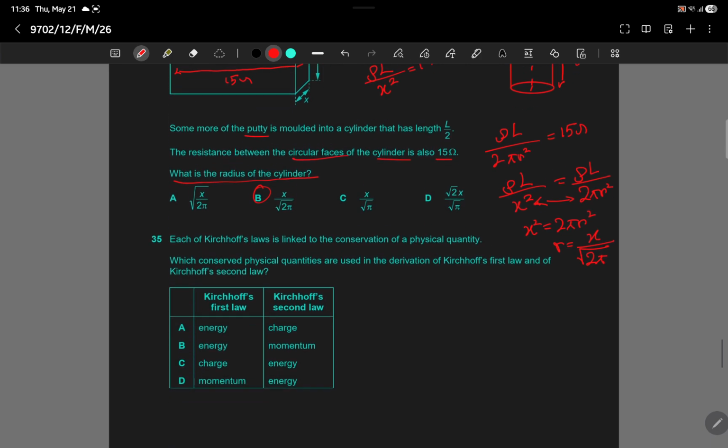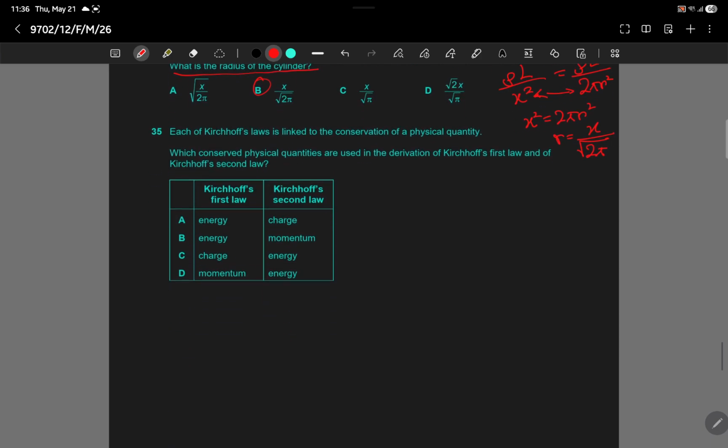Okay, not that tricky. So question number 35: each of Kirchhoff's laws is linked to the conservation of a physical quantity. Which conserved physical quantities are used in the derivation of Kirchhoff's first law and of Kirchhoff's second law? So the first law is of charge. That means total current entering a junction is equal to total current out of it. And the second law states that total EMF equals total PD.